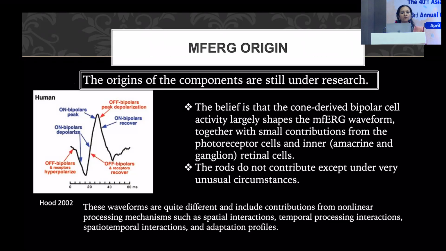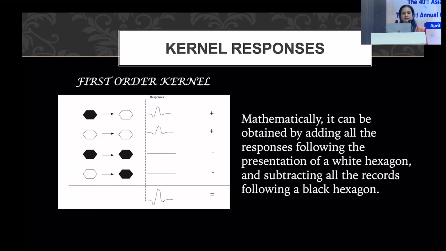Dr. Subhadra spoke about the origin, and the first thing to remember is that it is cone driven. Why? Because it is always done under light adapted conditions. The P1 and N1 waves are almost similar to the A and B waves of a full field ERG. Why do I say almost? Because it depends not only upon whether it is a light flash or dark flash, but also upon whether the previous flash was light or dark.